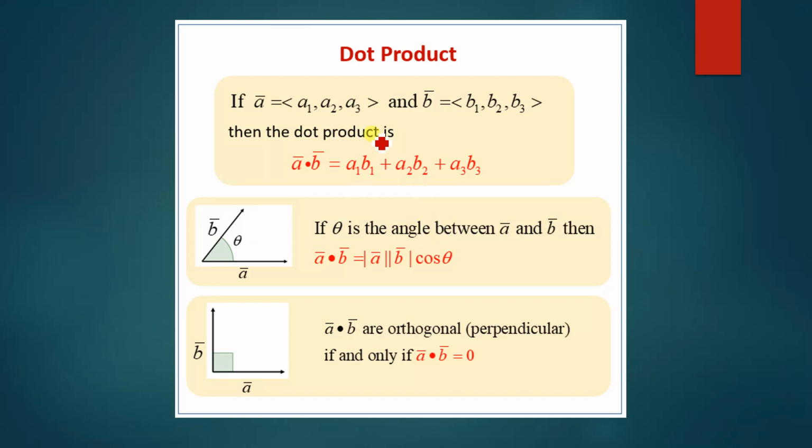Alright, so this is where this comes from. In other words, we're just trying to multiply a1i plus a2j plus a3k by b1i plus b2j plus b3k. We multiply the first part by this part, which is b1i.